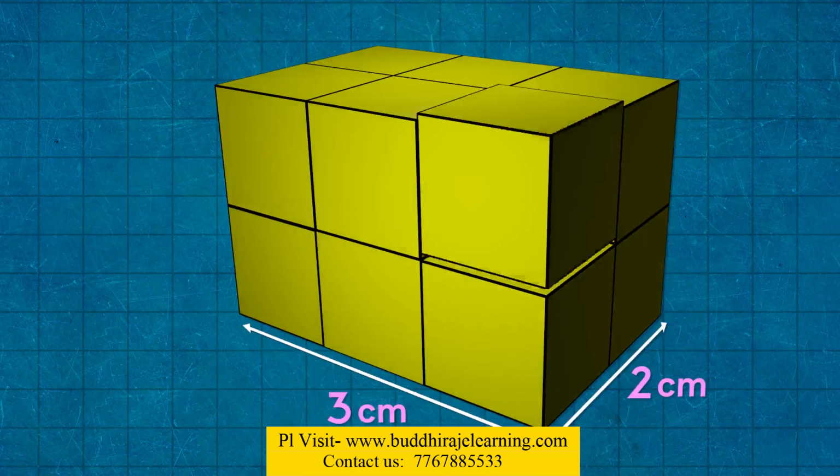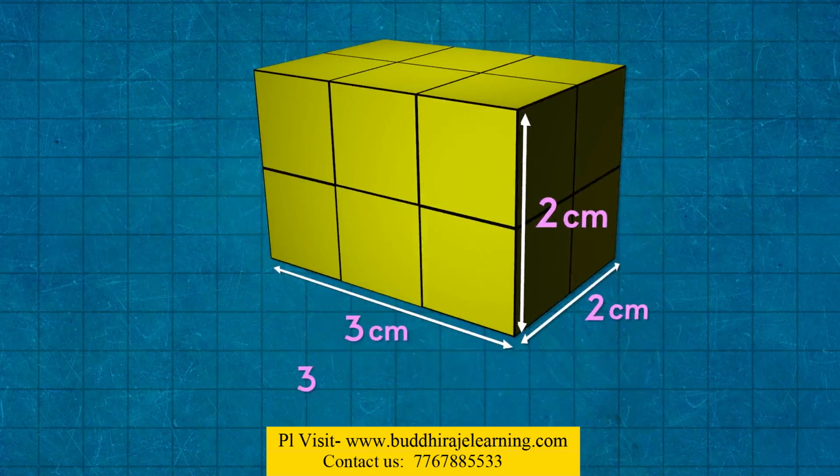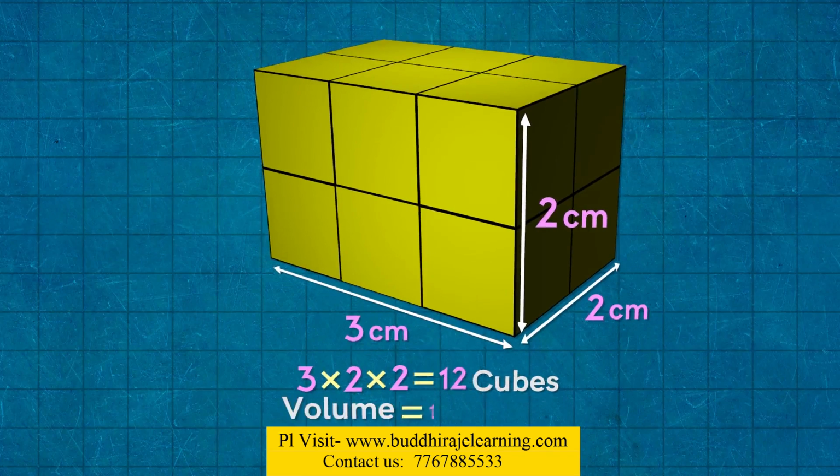Students, the length, breadth and height of the adjoining cuboid is 3 cm, 2 cm and 2 cm respectively. In this cuboid, there are 3 into 2 into 2, which is equal to 12 cubes of volume 1 cubic centimeter each. So the volume of the cuboid is 12 cubic centimeters.